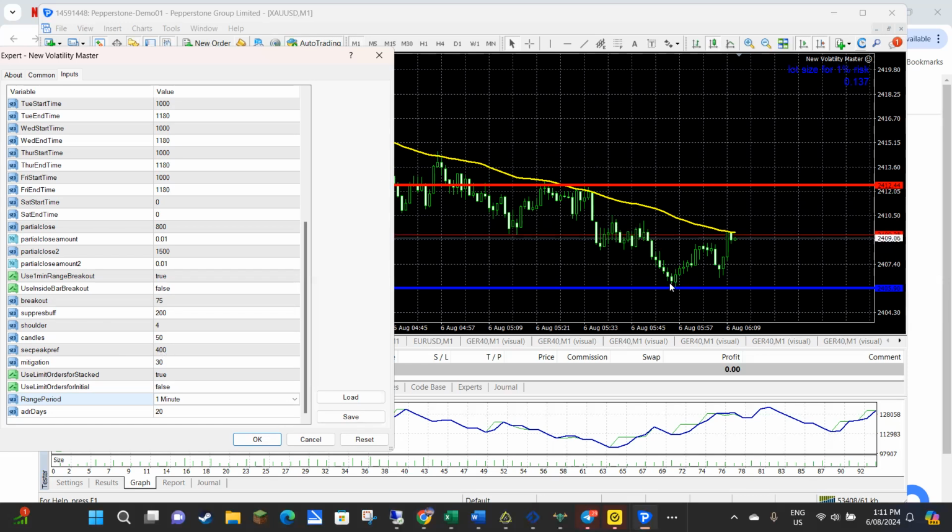If the second peak, for example, like say this might be 1 peak and this will be 2 peaks, if this peak is more than 400 points away from the first peak, then it won't count it. So it's always finding the most recent peak. But if they're close together, as it is in this case, it's going to use this one.